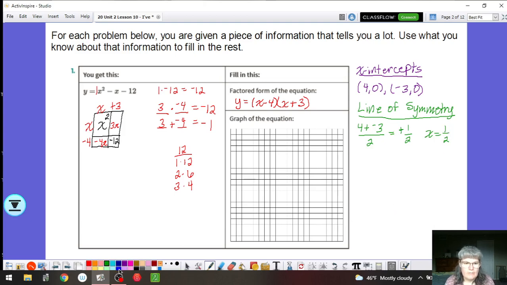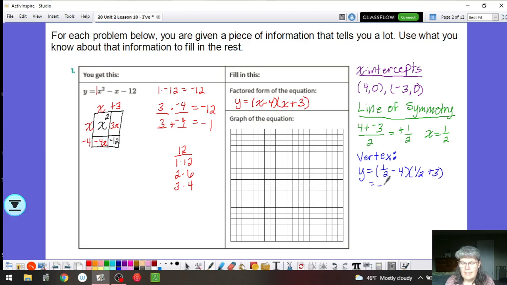When we have our line of symmetry, we can find our vertex by replacing x with the value for our line of symmetry. So to find the y value of our vertex, we're going to have 1/2 minus 4 times 1/2 plus 3.